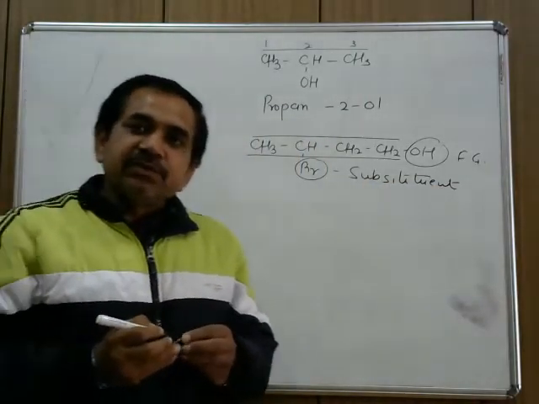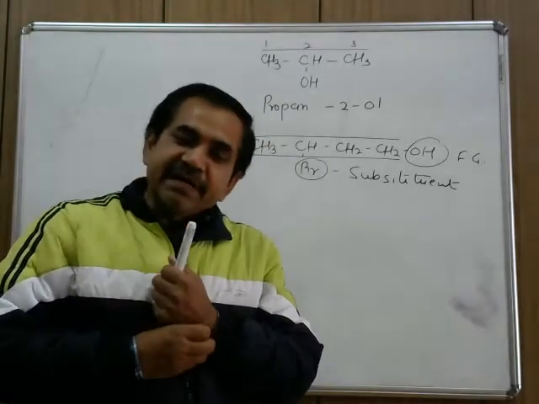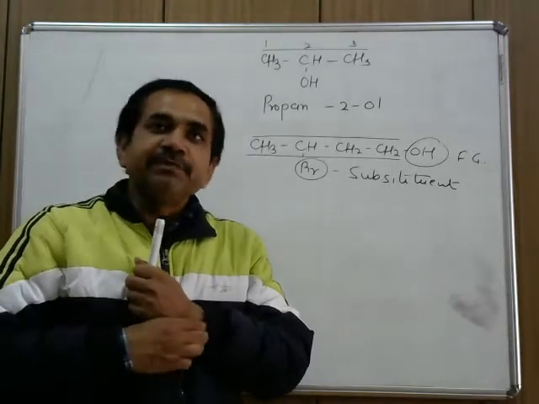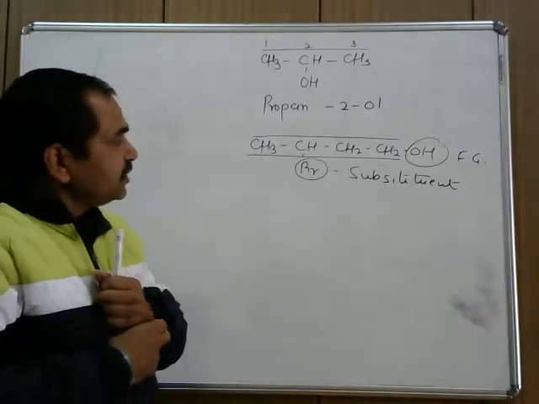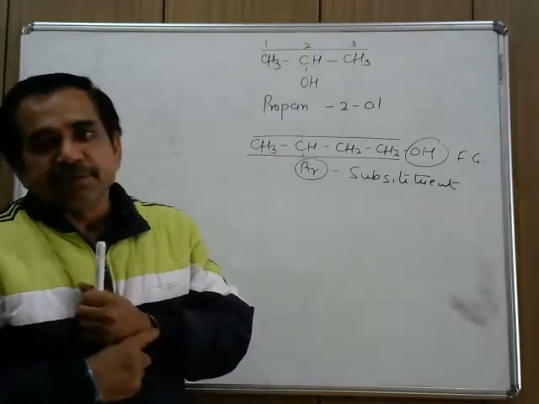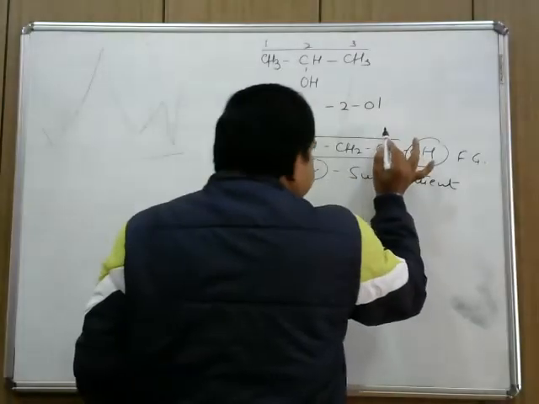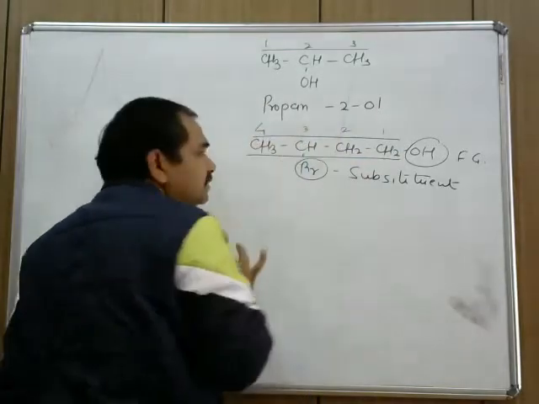So as per the rule, if a compound has a substituent as well as a functional group, then it should be numbered from the side which gives the lower number to the position of the functional group. So it is numbered 1, 2, 3 and 4.